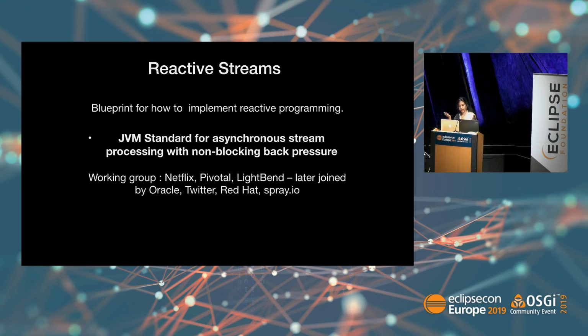It then became a JVM standard for asynchronous stream processing with non-blocking back pressure. So asynchronous stream processing, why? Because I kept discussing why we need asynchronous. It is like sending messages in a highly concurrent way so that you can make use of the multi-core hardware.